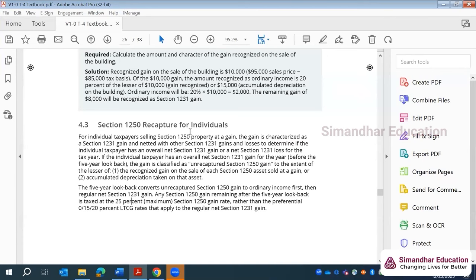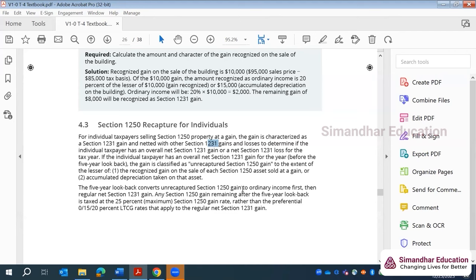So first step is you are netting Section 1231 gains with losses. If you have loss, you are good. If you have gain, then to the extent you have gain, you will recognize that as 1250 gain depending upon the amount.